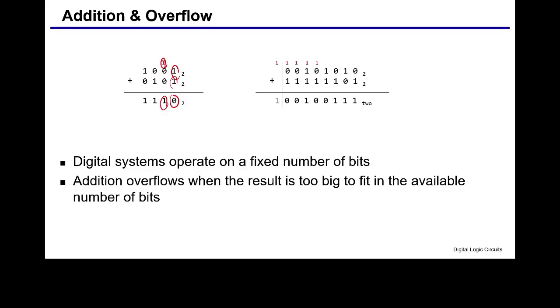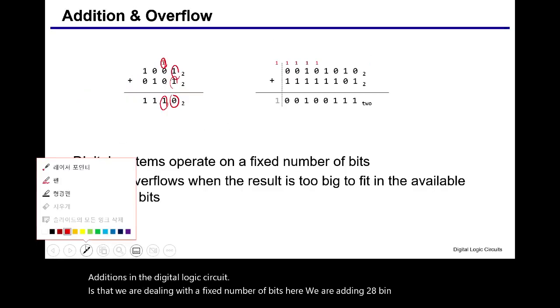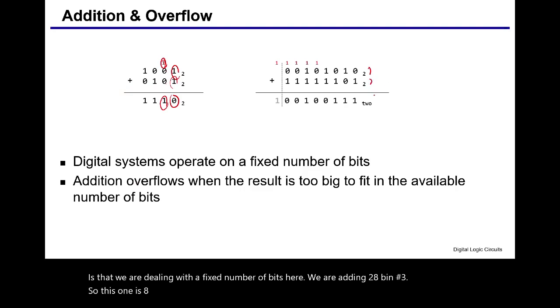One thing you have to remember when we are dealing with additions in a digital logic circuit is that we are dealing with a fixed number of bits. Here we are adding two 8-bit numbers. This operand is 8 bits, the other operand is 8 bits, and the result is also another 8-bit result.